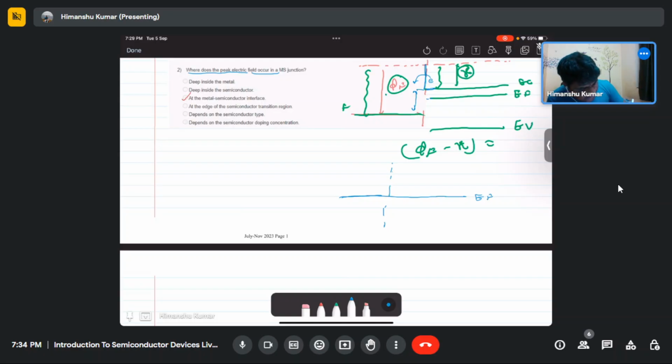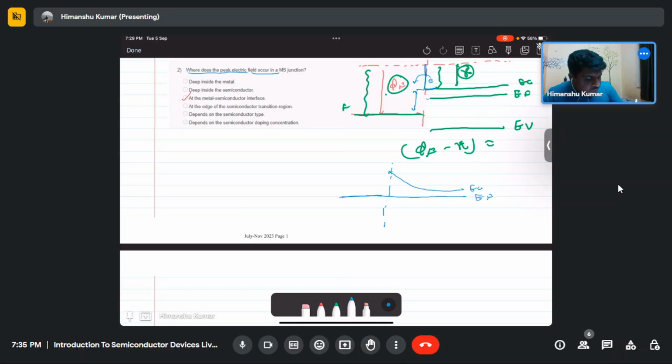This will be the electron Fermi level, and as the depletion is there, the carriers will get depleted to this side. There will be a space charge region formed here, and because of that space charge region, the band will look like this. This is EC, and deep within the semiconductor, the condition will be similar to the previous one.